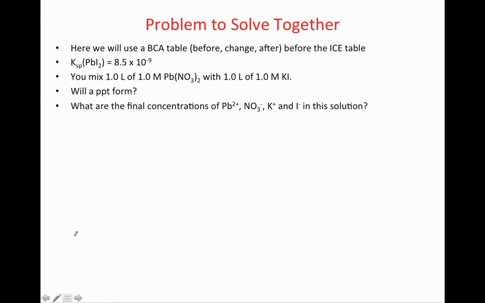And now what we're introducing is a different type of table in addition to an ICE table. And we're going to call this a BCA table, before change after table. We will run this table before an ICE table, and we're going to run this table when a precipitate will form.